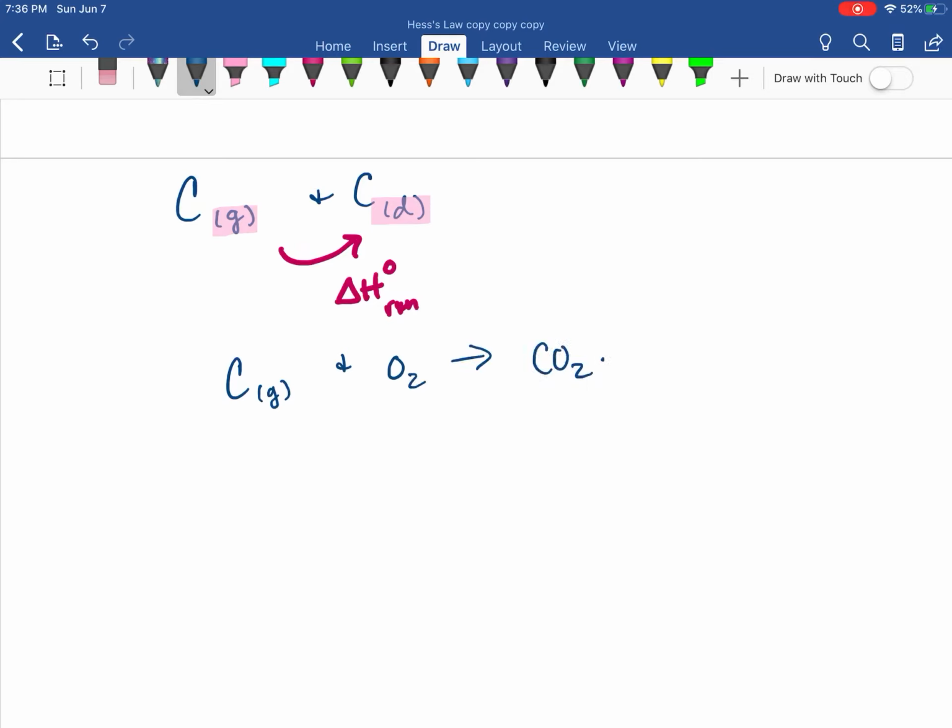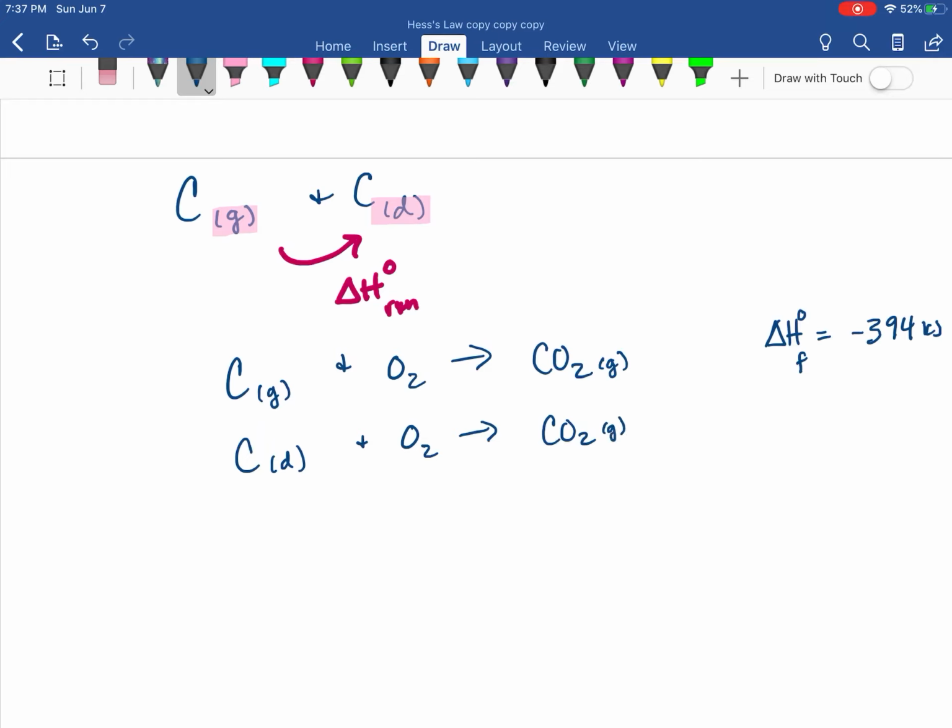Let's try this. I do see on the table that I can take carbon graphite and react it with oxygen and make carbon dioxide. That we have data for. That is known. Let's write that down. That formation reaction is exothermic, 394 kilojoules.